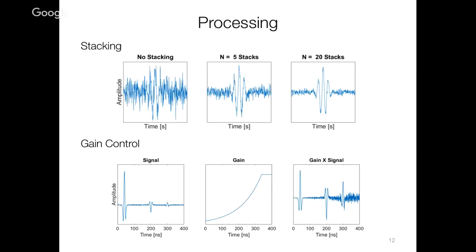Here's a trace. Now we take 5 traces and stack them up. Now we do 20 traces, stack them up, and get something like that. This is similar to many problems where you repeat measurements and stack and average to get rid of the noise.